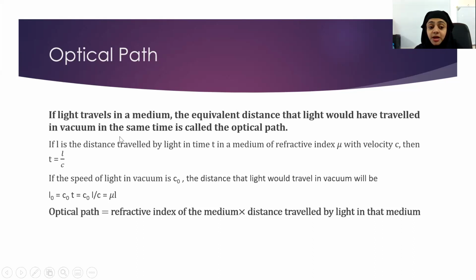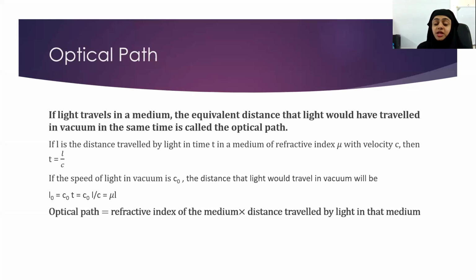What is optical path? Can you tell me what is optical path? Define optical path. If light travels in the medium, the equivalent distance that light would have traveled in vacuum in the same time is called the optical path.